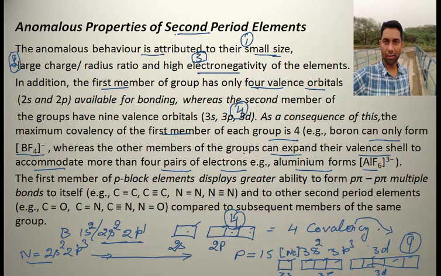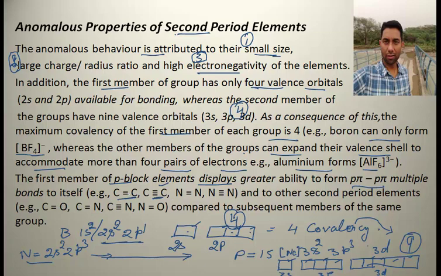Then the third one. The first members of the p block elements, particularly group 13 to group 18, due to their very small size, have greater ability to form p pi multiple bonds. Means they can form multiple bonds within themselves. For example, carbon double bond, carbon triple bond.